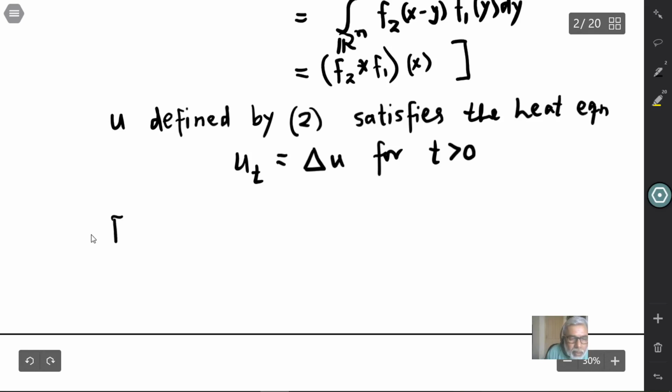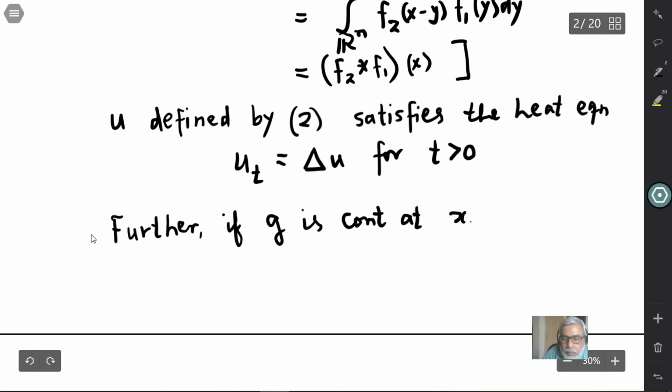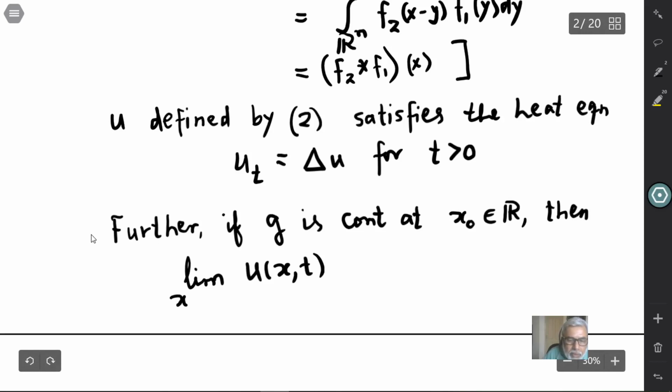Further, if g is continuous at x naught, so this is a very local result, at x naught belonging to R, then the limit of u of x, t as x tends to x naught and t tends to 0 plus is equal to g of x naught.